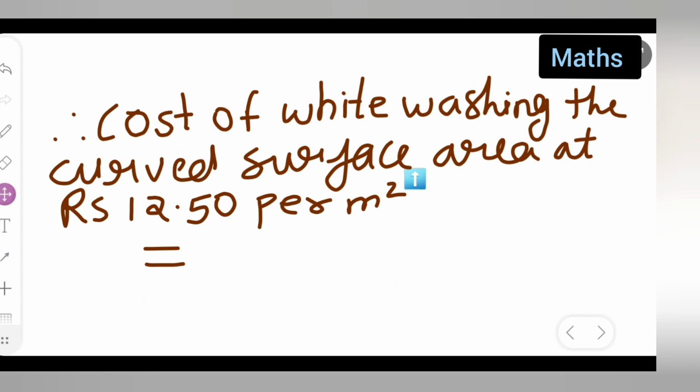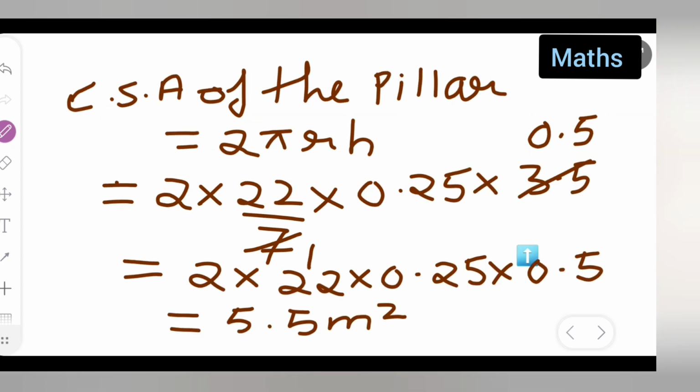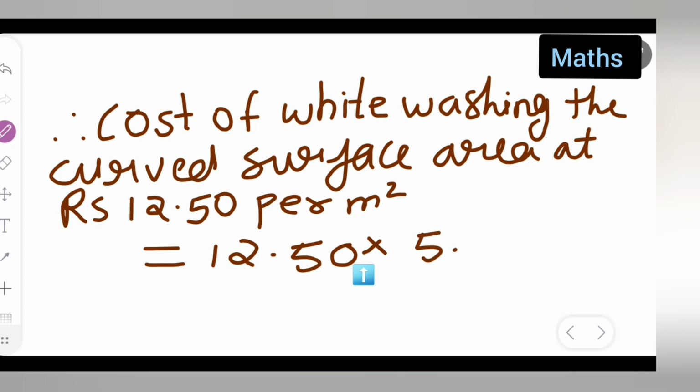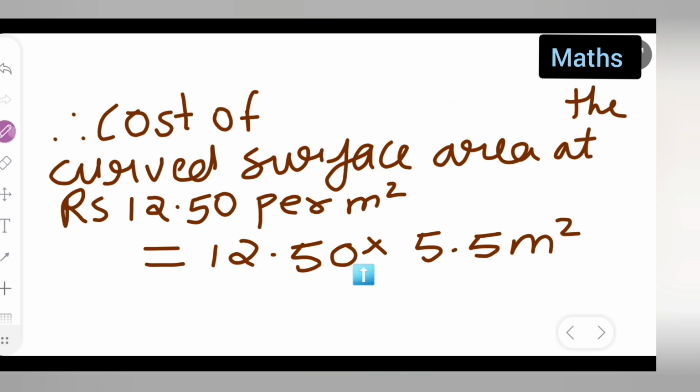Therefore, you can say that the cost of whitewashing the curved surface area at rupees 12.50 per meter square is equal to 12.50, write it as it is, multiplied by what answer you got over here? Curved surface area of the pillar is 5.5 meter square. And this is not whitewashing, this is the cost of painting.